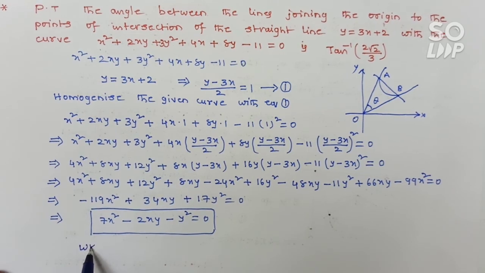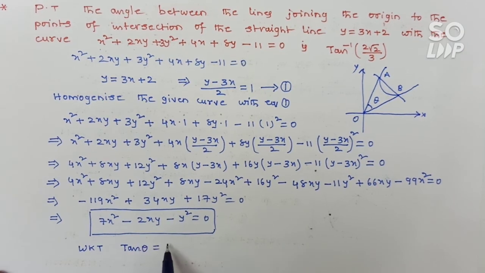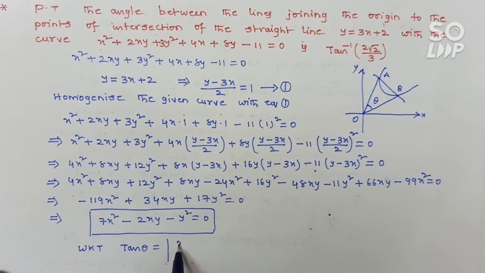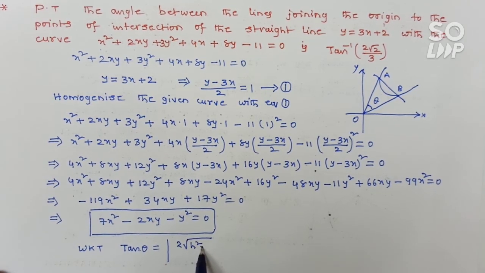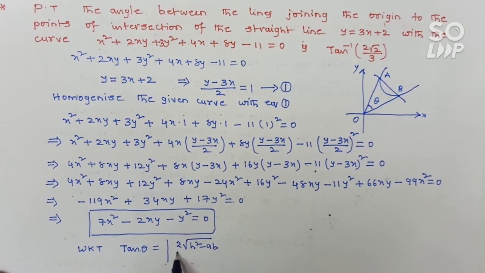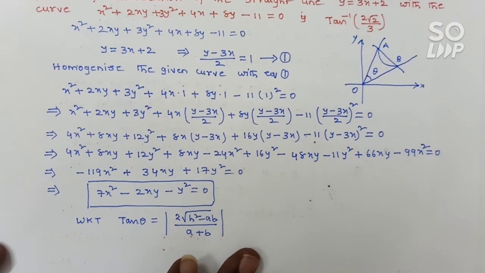We know tan theta is equal to modulus of 2 into square root of (h² minus ab), whole divided by (a plus b). This is the tan theta formula.